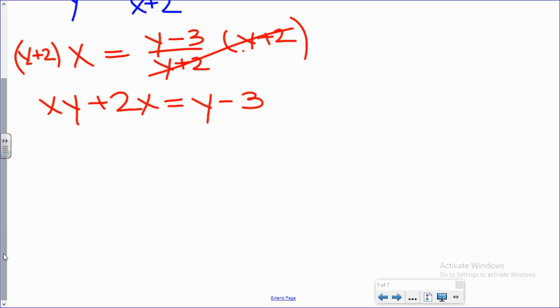Now, how will we solve for y? There are two different y's we have to worry about. Any ideas or suggestions?